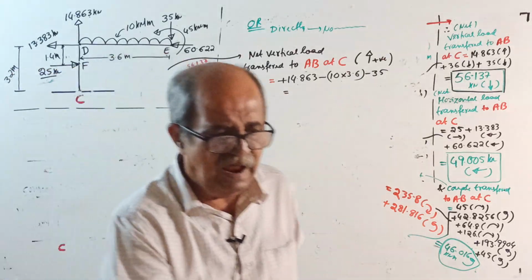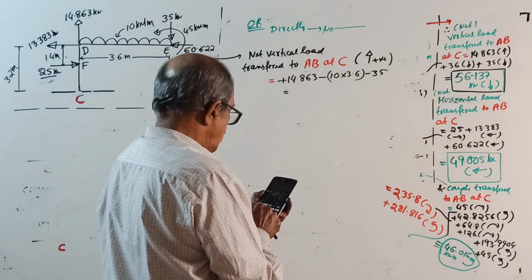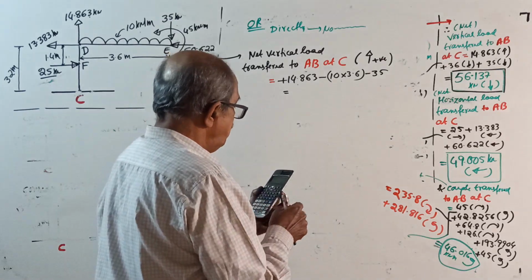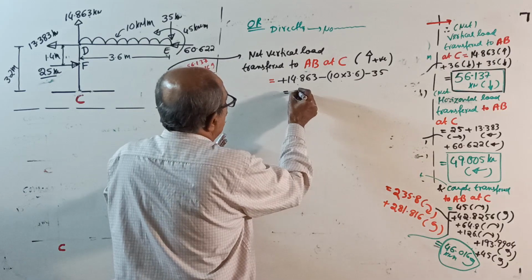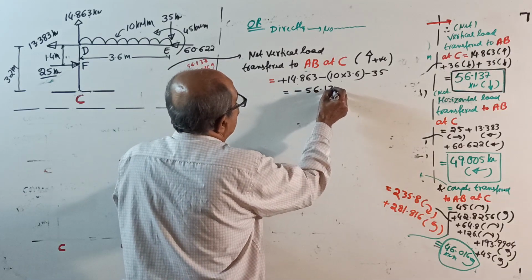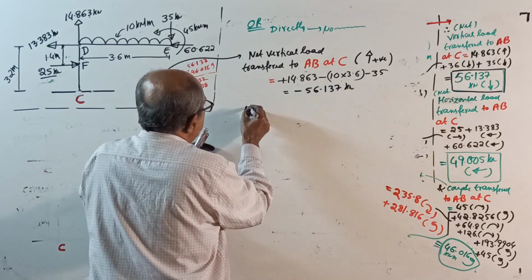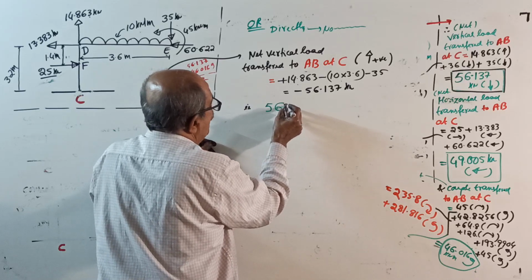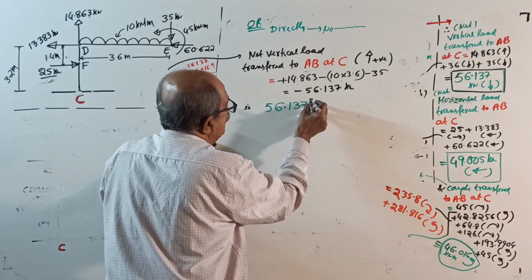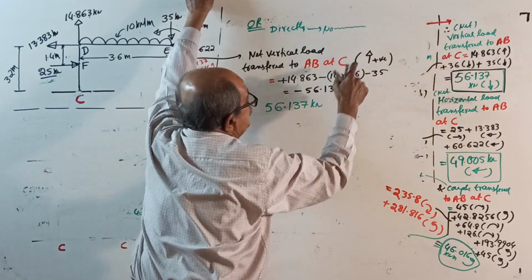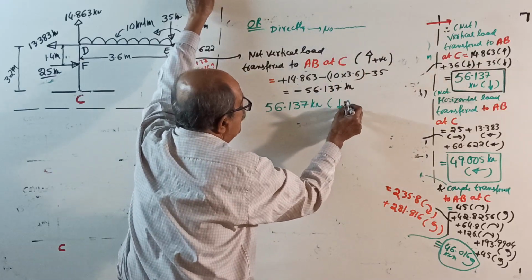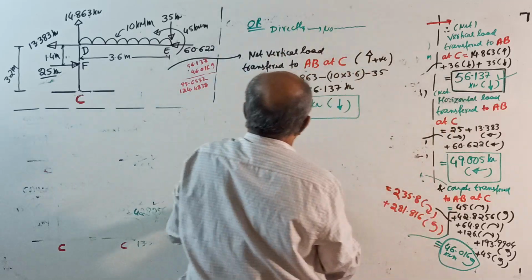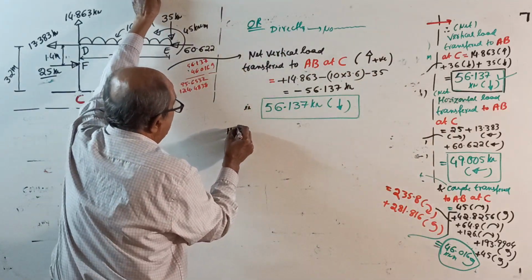Actually not required to calculate, the answer is there. 14.863 minus 10 into 3.6 minus 35 equals minus 56.137 kilonewton. We took upward positive, negative came, so 56.137 kilonewton downward is the net force transferred.